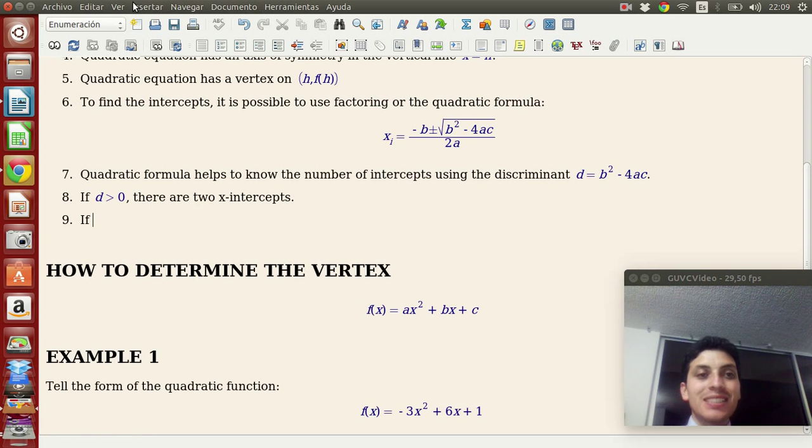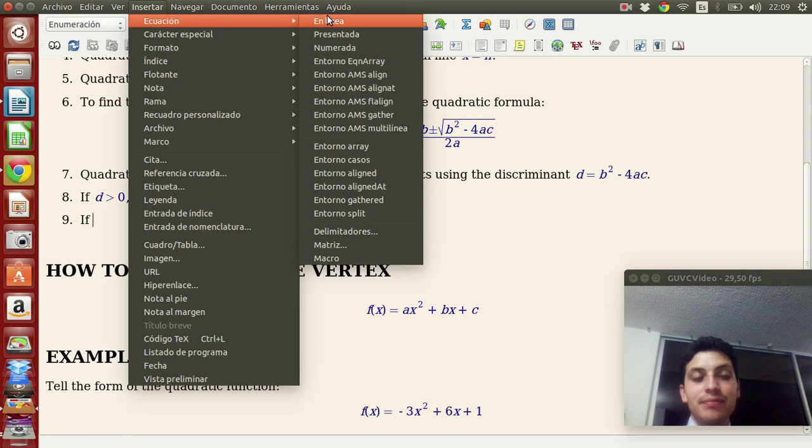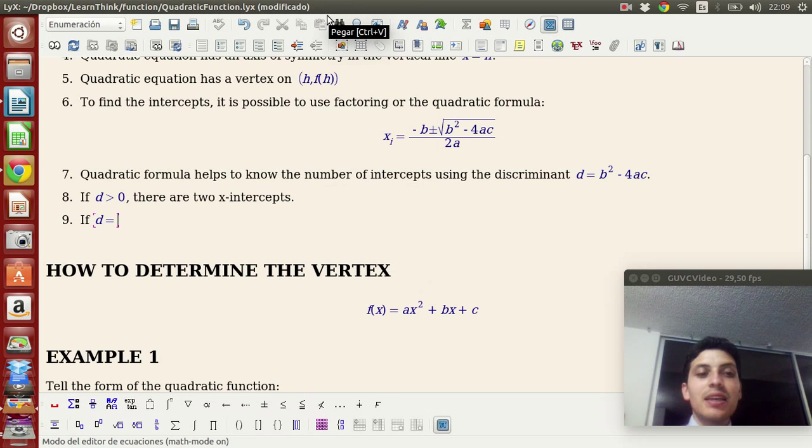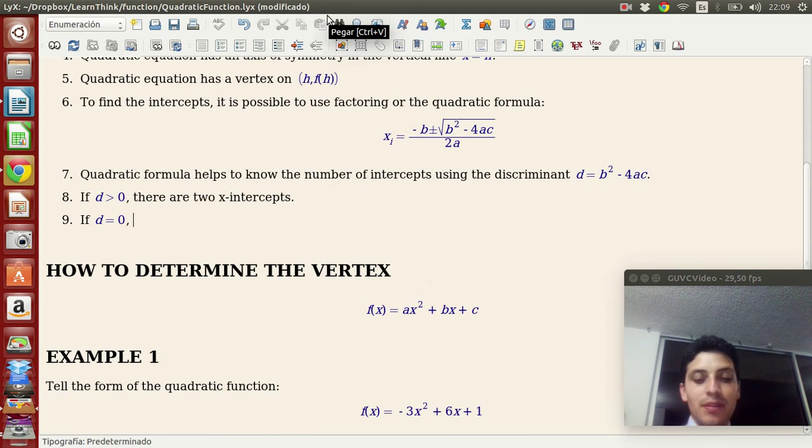If D equals 0, there is one x intercept.